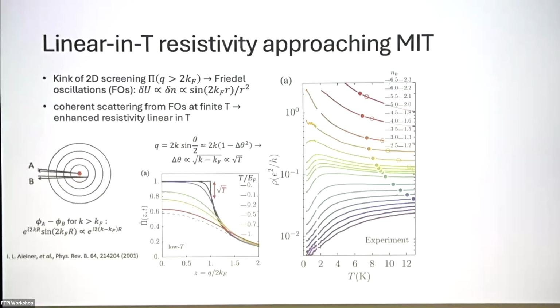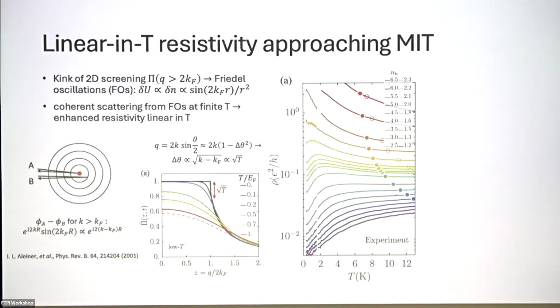And this picture can also be explained by a coherent scattering from the Friedel oscillations at finite temperature, as pointed out by Elena a few decades ago. So the picture is that if you transform the momentum space screened Coulomb potential to the real space, you will see that the contribution of this kink will result in Friedel oscillations in real space.